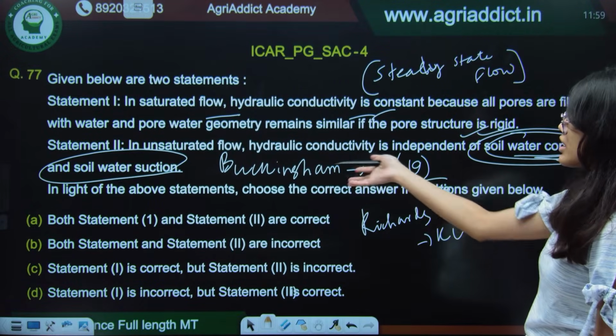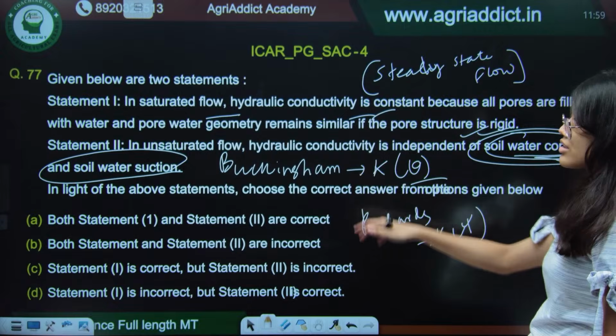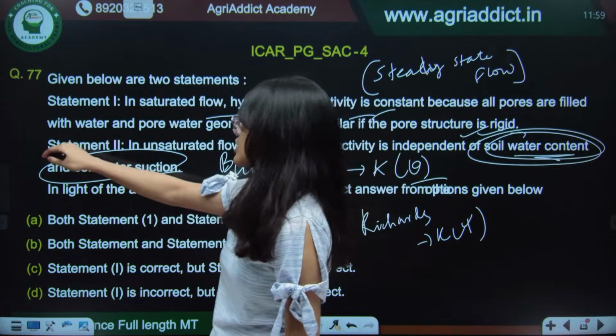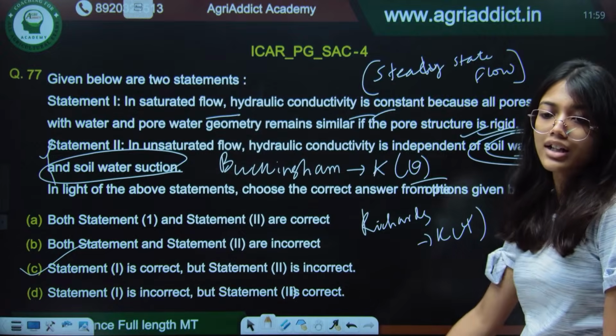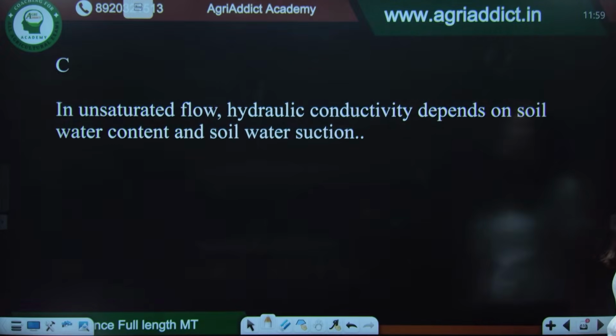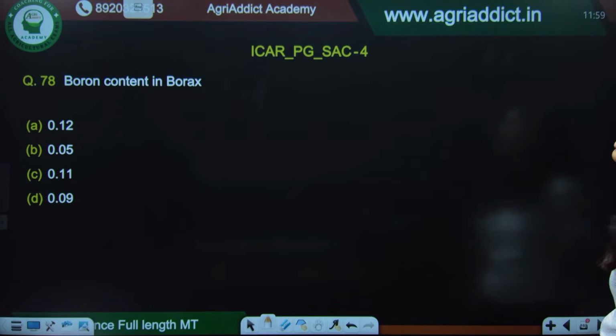Because of that, Darcy's law was later modified for unsaturated flow. So statement 2 is incorrect, but statement 1 is correct. So option number C will be our correct answer. Got it, guys? Okay. Next question.